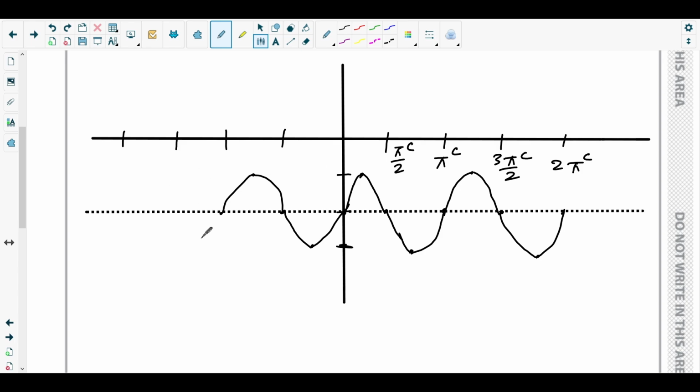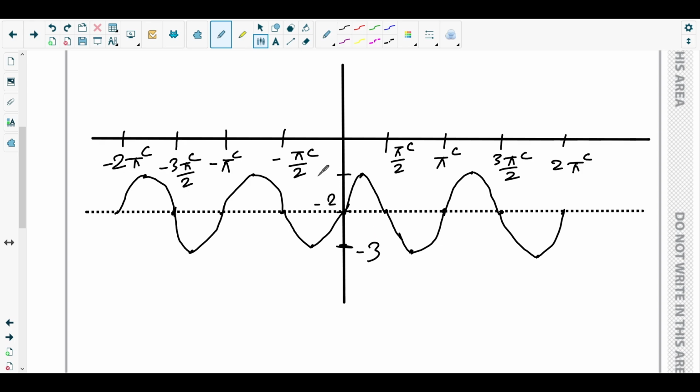Like this. And then another complete period from negative pi to negative 2 pi. That's how, exactly. So negative pi over 2 radian, this is negative pi radian, this is negative 3 pi over 2 radian, this is negative 2 pi radian. And the minimum value is negative 3, this is negative 2, and this is negative 1. That's it.